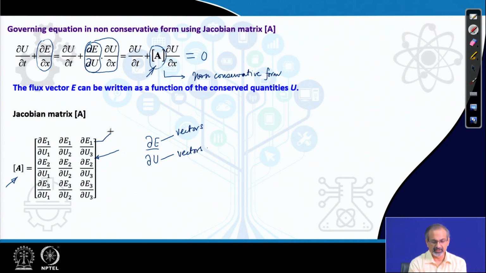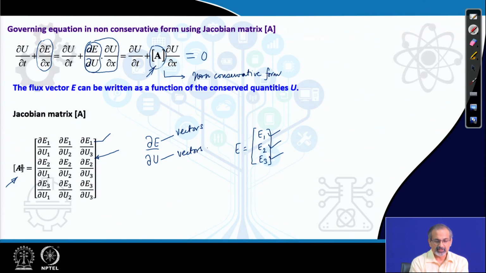The first row of the matrix accounts for the partial derivatives of the E1 component. So, what is the E1 component? E1 component would be the first row element of the flux vector. Similarly, the second and third rows will be called E2 and E3.